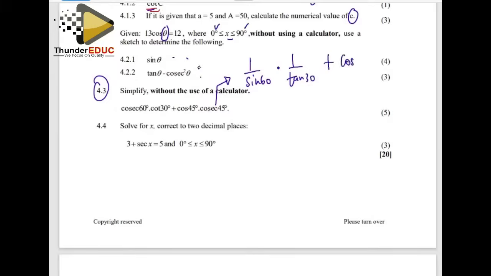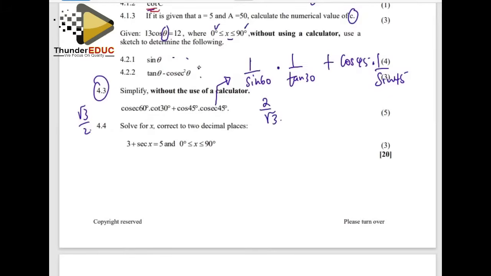Then that's the cos of 45 multiplied by the cosec, which is 1 over sine of 45. So what is the sine of 60? We know that sine of 60 is root 3 over 2. But since we have a 1 over, it is going to be 2 over root 3.